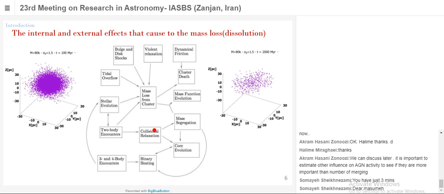Different internal and external effects cause star clusters to lose their mass and then dissolve. For example, the tidal field, two-body relaxation, and stellar evolution are some of them. On the left side, you can see a typical cluster at the birth time, and on the right side, you can see a star cluster near the dissolution time.